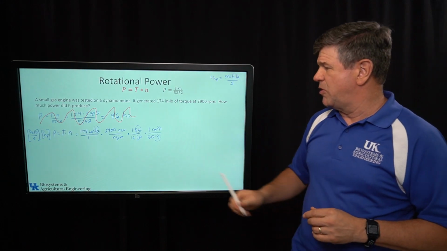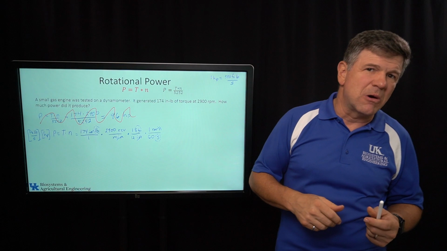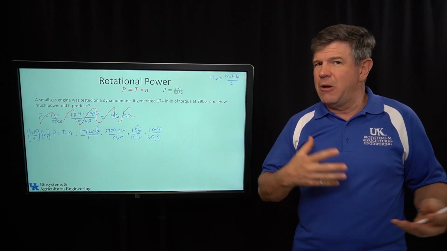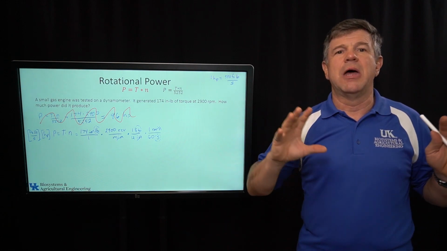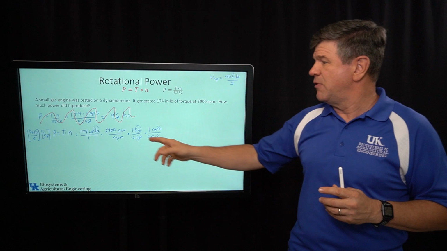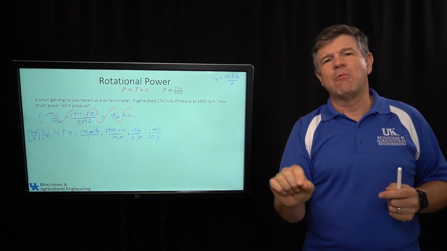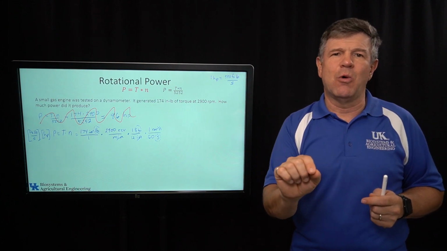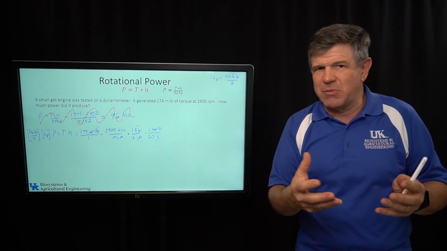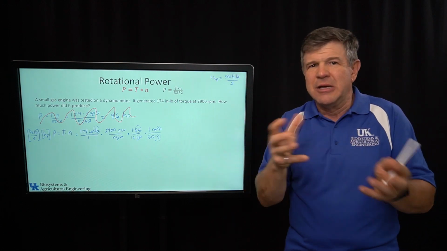But I've got one more thing that I have to deal with, and here's where the math is going to get kind of squirrely on us. I'm not going to go into all this theory. We could prove this, but you're going to have to trust me on this one a little bit, because when we talk about revolutions, that's one complete revolution of a shaft. The way we get rid of a revolution unit when we don't want it is we talk about radians. You might remember from some high school math classes that we talked about degrees and radians and gradients maybe.